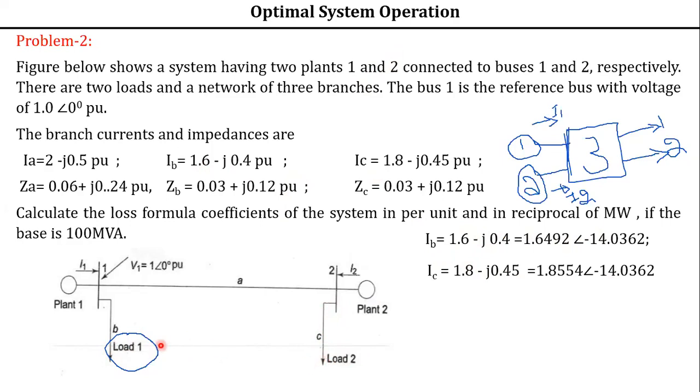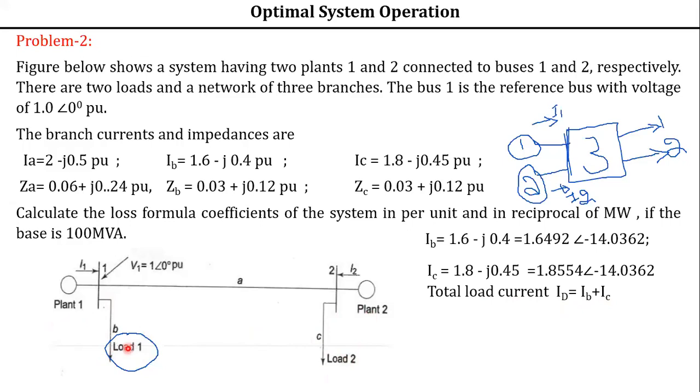So IL1 plus IL2 is your total load current. IL1 is IB, the same current. What is the load current through load 2? It is IC. Therefore, load current is equal to IB plus IC. So ID is equal to IB plus IC in this case.